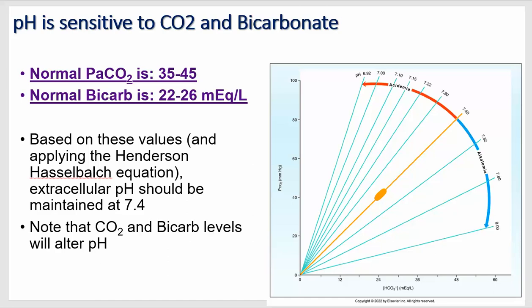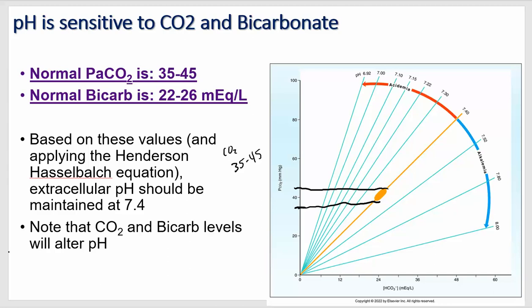So if we remember 35, and I keep writing it, hoping that we'll naturally remember it, normal carbon dioxide levels are 35 to 45. So this is our range of normal. I think it's supposed to line up with that, so we'll just cheat a little bit.